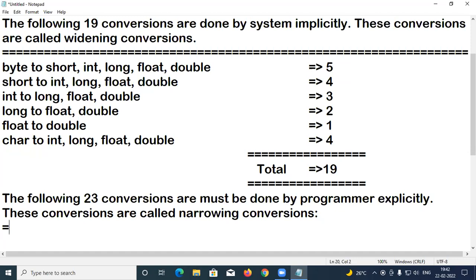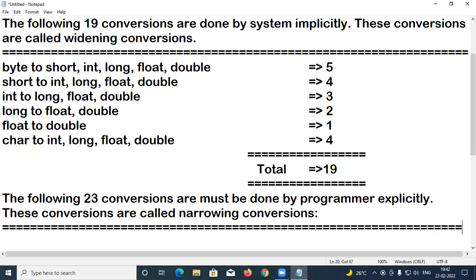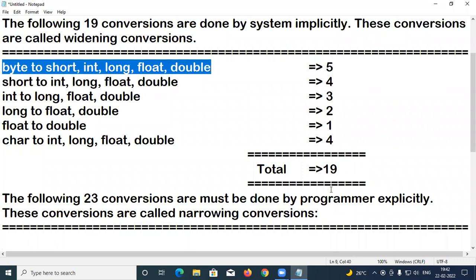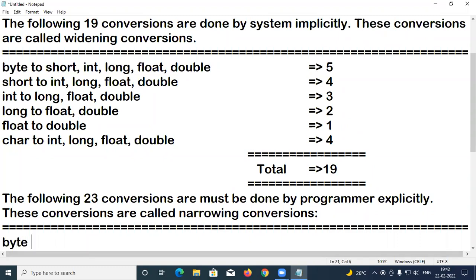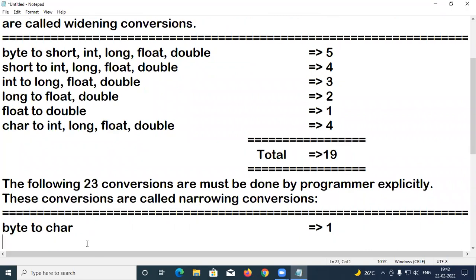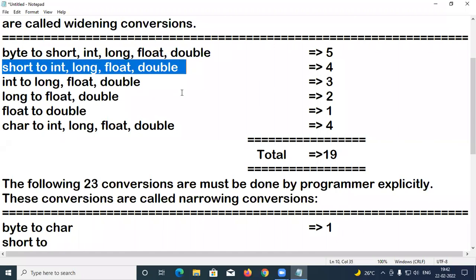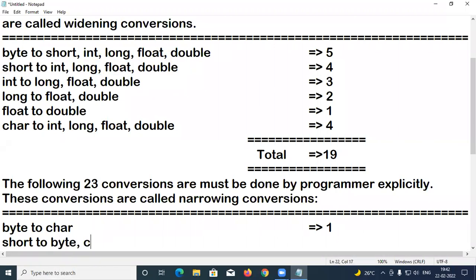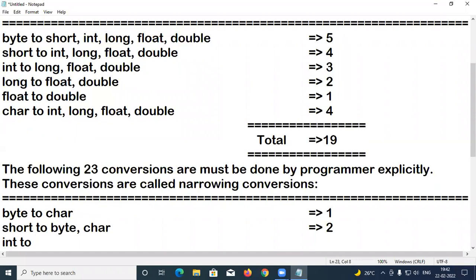Now you observe, whatever is not there comes under the 23. In the first line, one conversion is not there: byte to char. That is 1. Second line, short to: short to byte not there, char not there. 2 conversions. Int: byte, short, char not there. So 3.